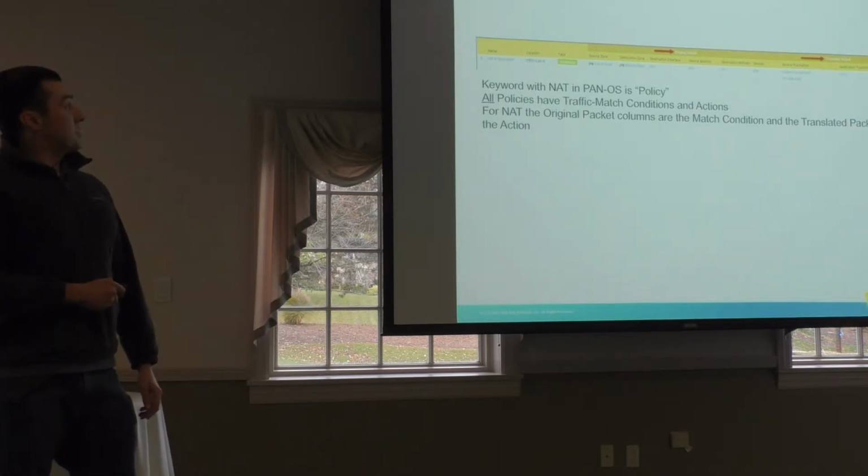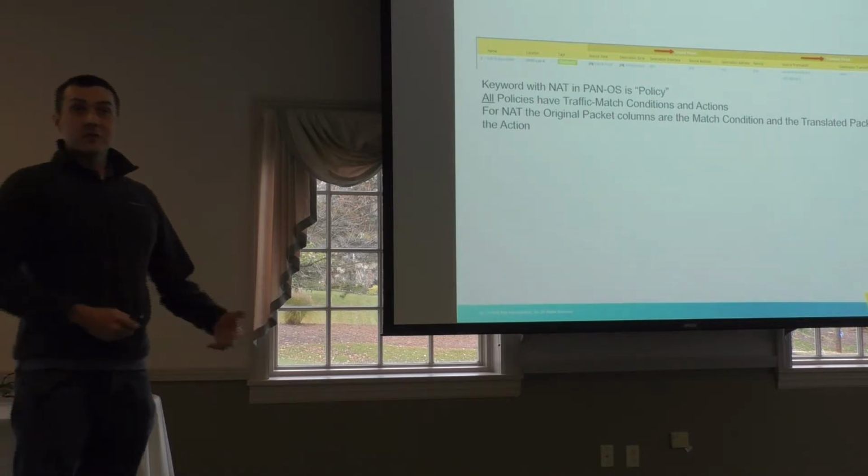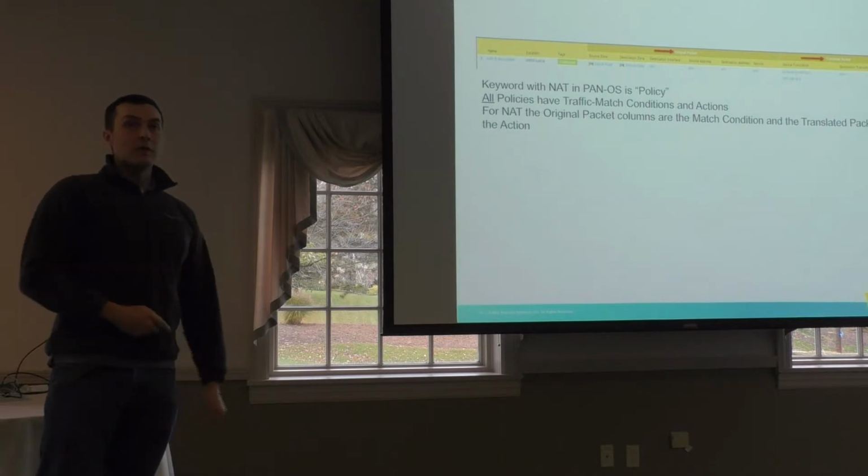What that says is if you see any traffic coming from lab A trust going out to the internet, because the destination zone is internet untrust, then replace that source address with this right here, the WAN interface IP of my firewall. But it's dynamic IP and port translation, so it's going to bind it to that WAN interface in addition to a port.